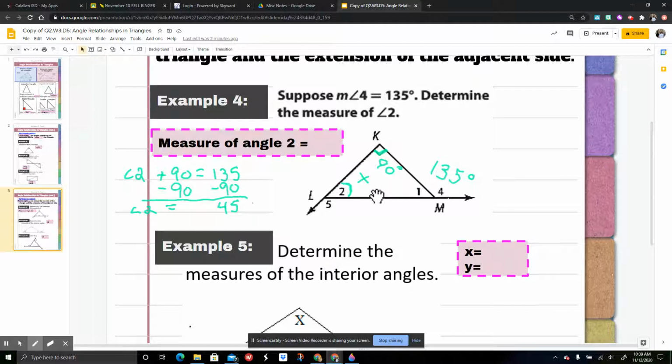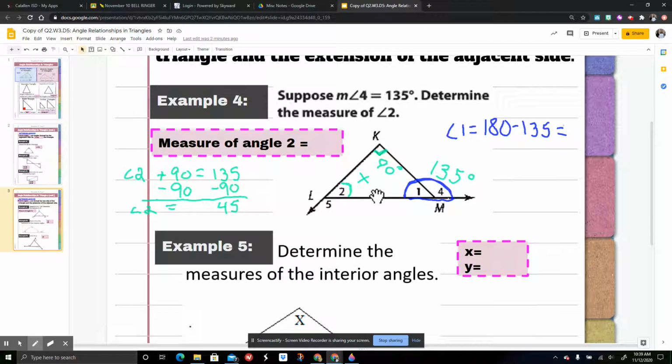The other way that you would work this problem, if you pay attention to this line right here, this is a straight line. The straight line is always 180. So you could work out the problem by saying, okay, angle 1 plus angle 4 adds up to 180, then angle 1 is 180 minus 135.